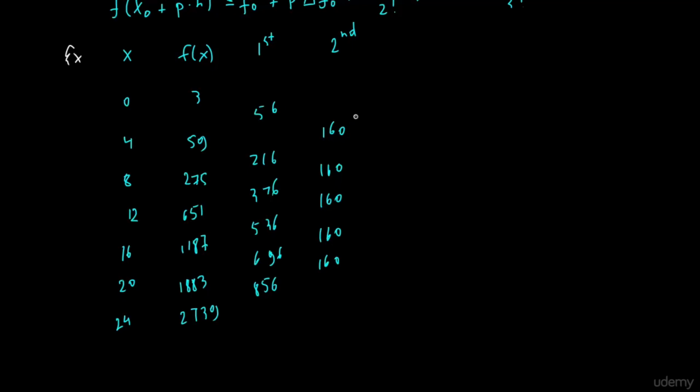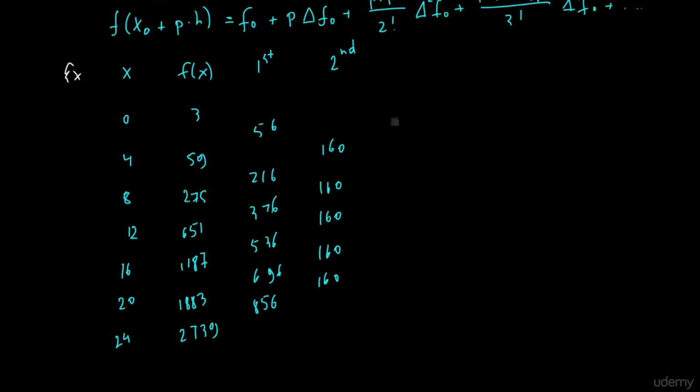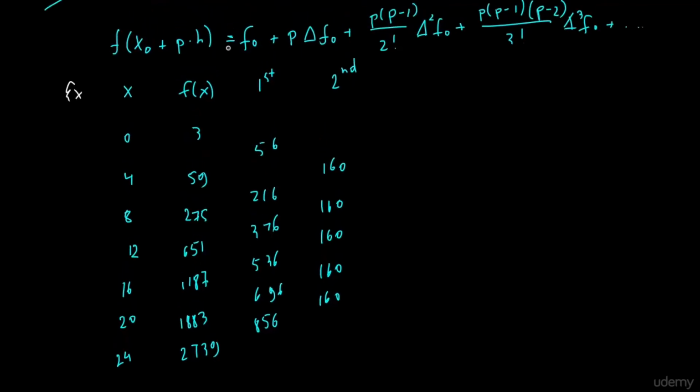And we can formulate this polynomial and then use the formula, Newton's forward difference formula, this formula, we can use it to find some in-between values. So what kind of values do we want? Let's suppose that we want, for example, the value of the function f when x is equal to 2. Okay, so what do we know about the point 2? Well, we know it's right in between 0 and 4.